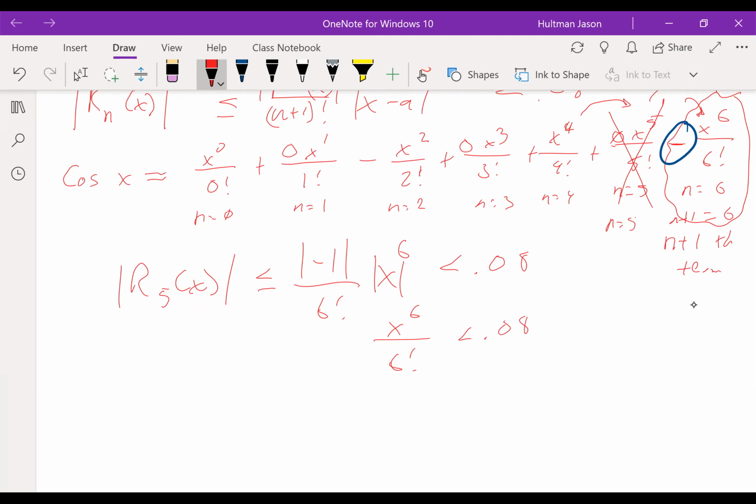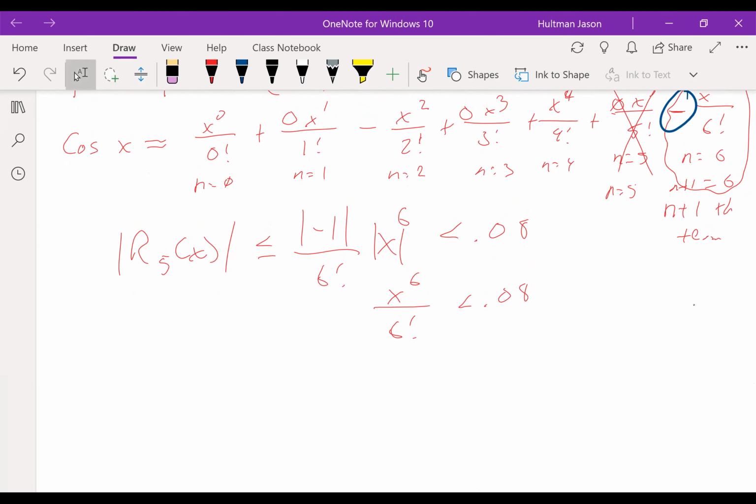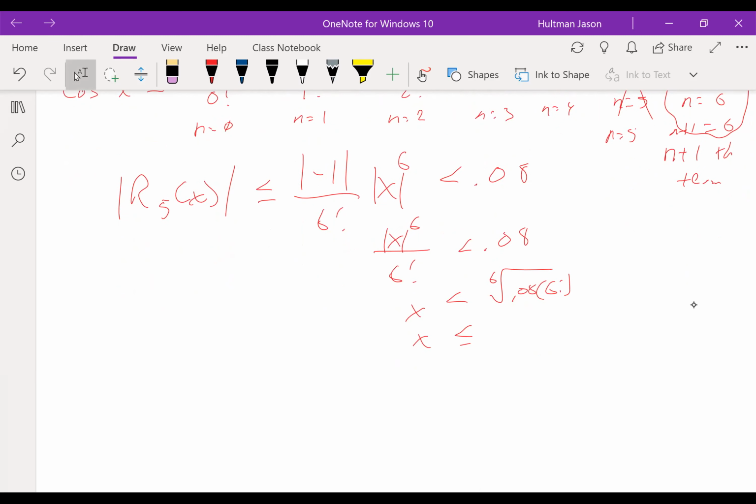Okay, 6 factorial is what, 720? Okay, so we can multiply 0.08 by 720 and then take the 6th root of it. So the 6th root of 0.08 times 6 factorial, and x, and there's an absolute value here, sorry. Let's just keep the absolute value, because we want to get a boundary, top and bottom.